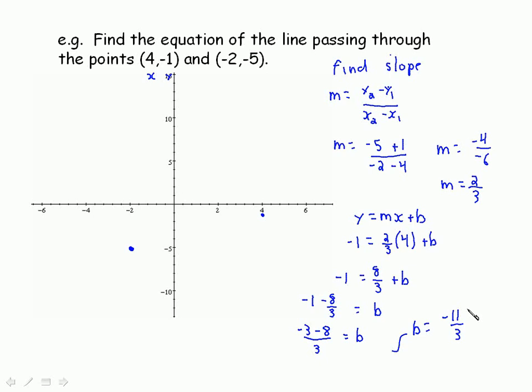And once you get that far with the question, it's simply a matter of writing the equation out again with the proper values. So therefore y, I'll write it off to the side, the equation would be equal to the slope of 2/3 x minus the b value of 11 over 3.